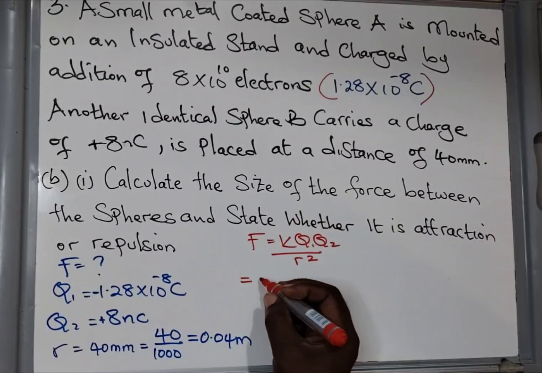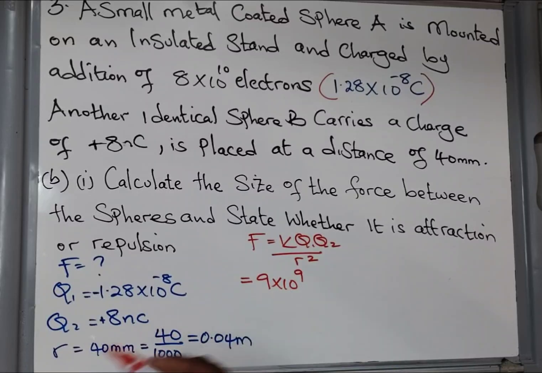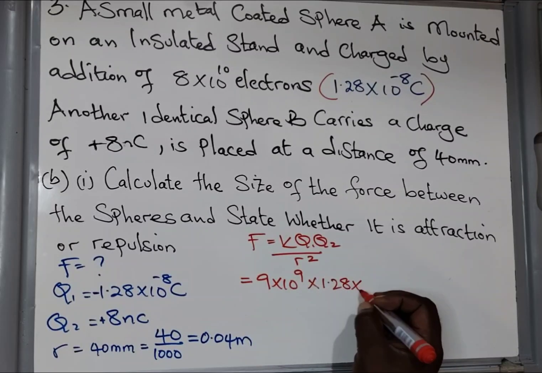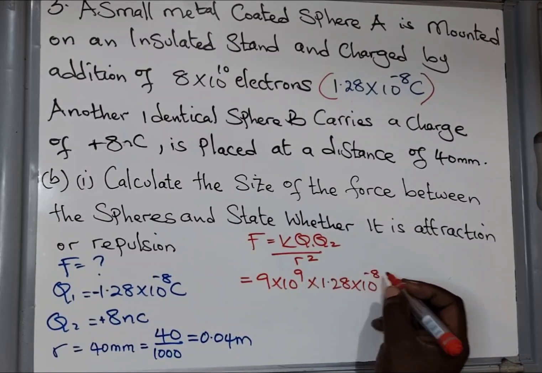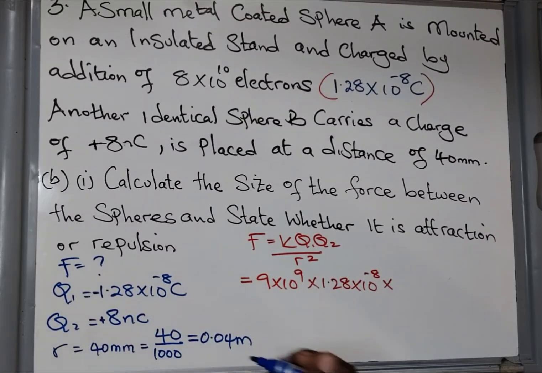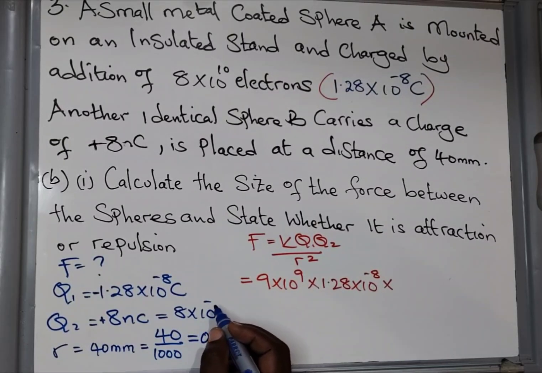You have K, which is 9 times 10 power 9, the electrostatic constant. And you have Q1, which is 1.28 times 10 power minus 8. And we have another job to do here. We need to convert the nanocoulomb to SI units, and it becomes 8 times 10 power minus 9.